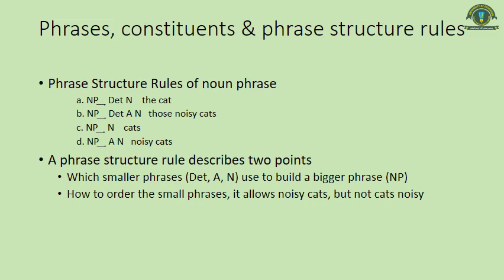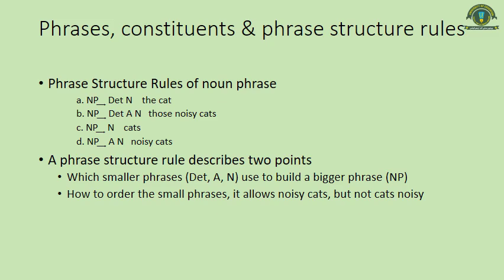Third, a noun phrase is made up of only a noun, cats. And the last example or rule is that a noun phrase is made up of an adjective and a noun, noisy cats. So we can mark optional sub-phrases as well.